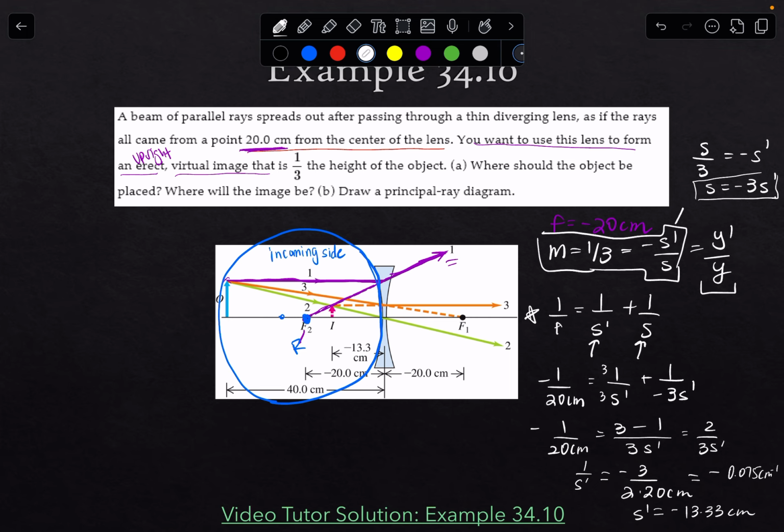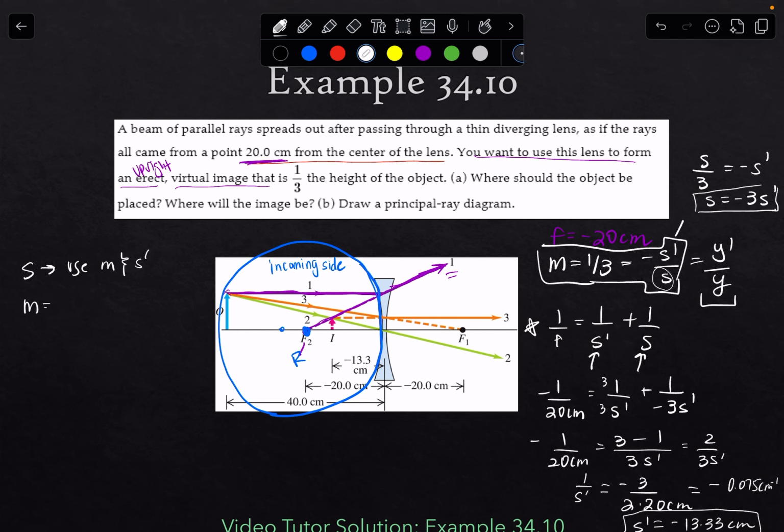Okay, so where should the object be placed? Well, now that we know the image distance and we know the magnification should be 1/3, we can figure out what the object distance should be. So if we want to find the object distance s, I'll use m and s prime. We know that m should be 1/3, and that's going to equal negative s prime over s.